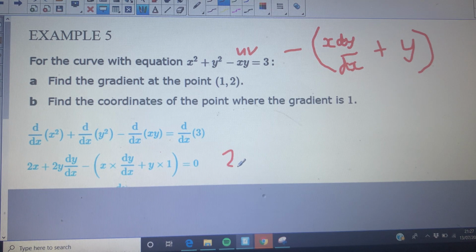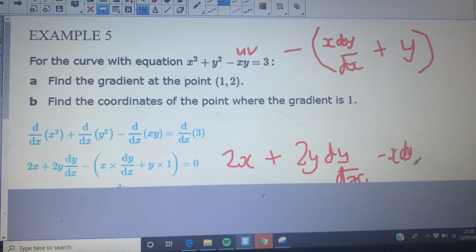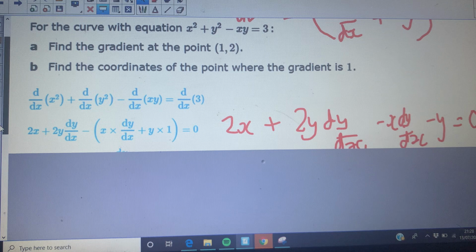So you've got 2x, plus 2y dy/dx, minus x dy/dx, minus y equals 0. So that's you having differentiated that implicitly.